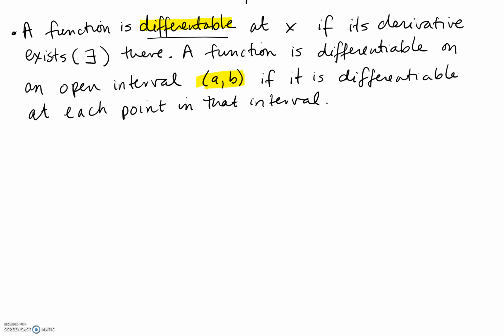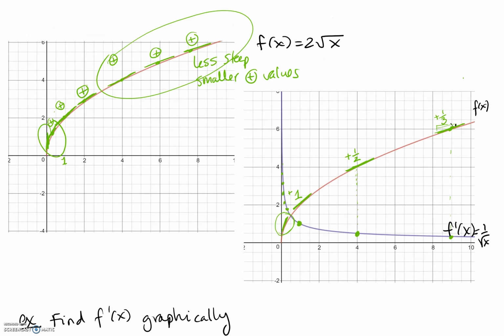Now sometimes the domain of the function itself compared to its derivative may vary. If we go back to our previous example, the square root function we looked at, notice this function has domain x greater than or equal to 0 because it's defined at 0 also, versus its derivative whose domain is x only greater than 0, because it seems like there's a vertical asymptote here, and the derivative is not defined at 0.